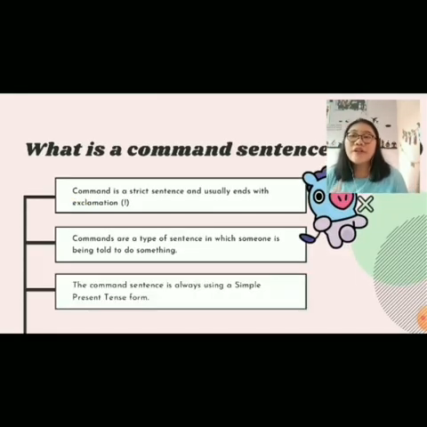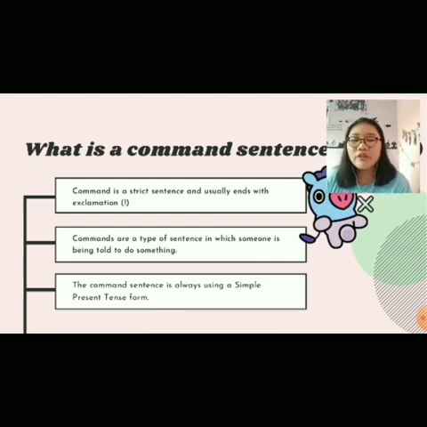Okay, so what is a command sentence? A command sentence is a strict sentence and usually ends with an exclamation. Exclamation is tanda seru, and commands are a type of sentence in which someone is being told to do something. Command sentences are used when you are telling someone to do something and usually start with an imperative verb. What is an imperative verb?